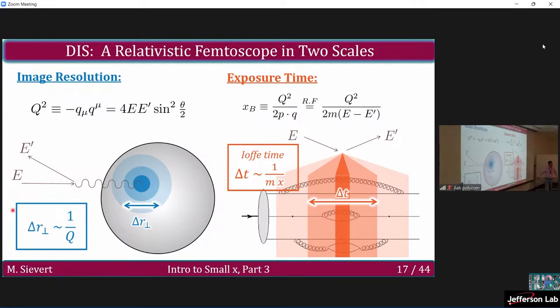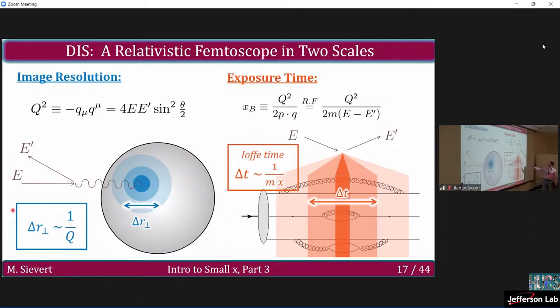The story about X is much less so. X is another independent variable that you can make. If Q squared is a transverse variable, X is a longitudinal variable. X is something that involves a comparison of P with Q. So you can define various combinations. The scale nu is a similar scale, but X is the one that has sort of stuck around.